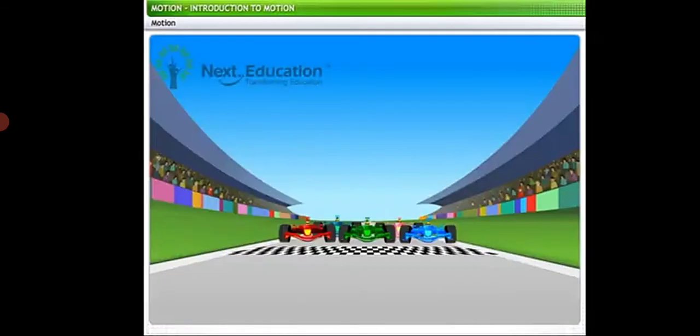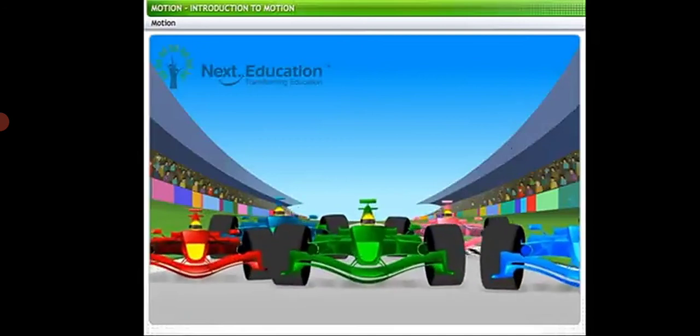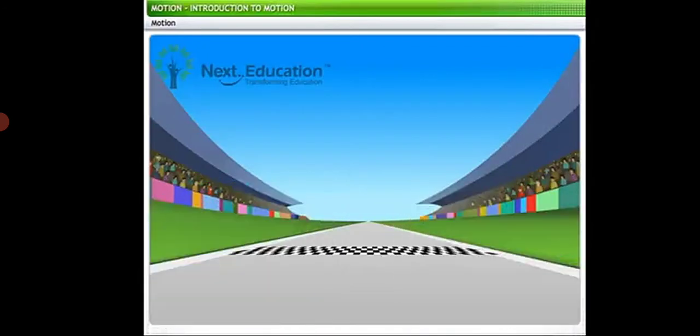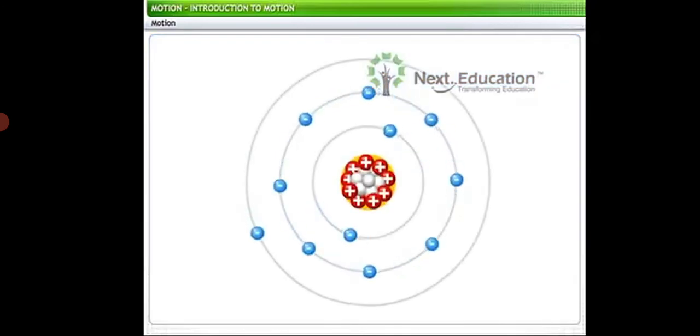When a race starts, the position of each car participating in the race changes relative to the stands, spectators, and so on. Thus the cars are in a state of motion.